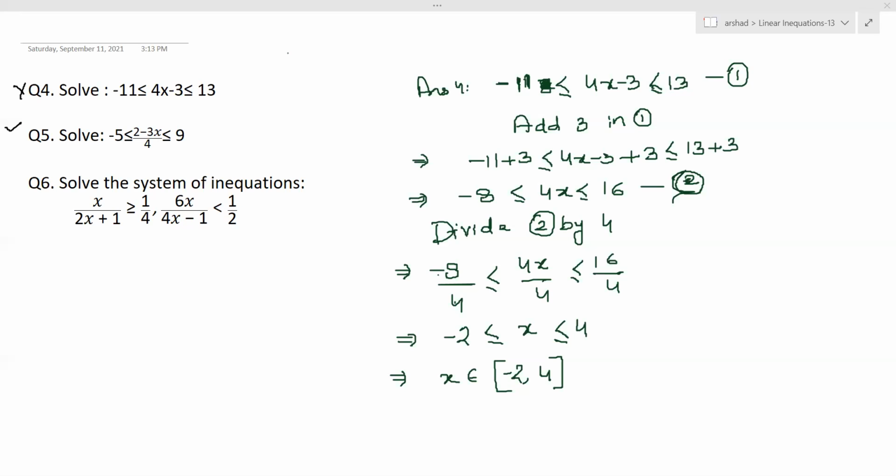I got 22/3 ≥ x ≥ -34/3. Very good. X is greater than or equal to -34/3 and less than or equal to 22/3. Am I correct? Yes. Okay, very good. This is the correct one.